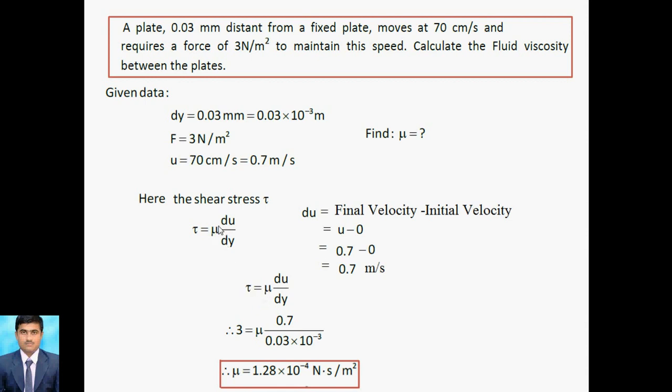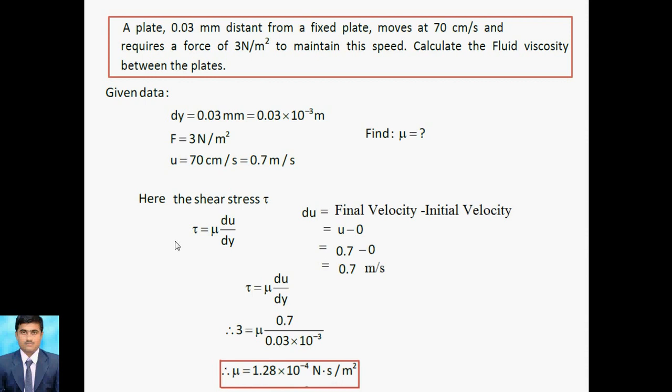Du we calculated is 0.7. After solving, you get the value 1.28 into 10 to minus 4 Newton second per meter square. All units are in SI, so remember that dynamic viscosity in SI is Newton second per meter square.